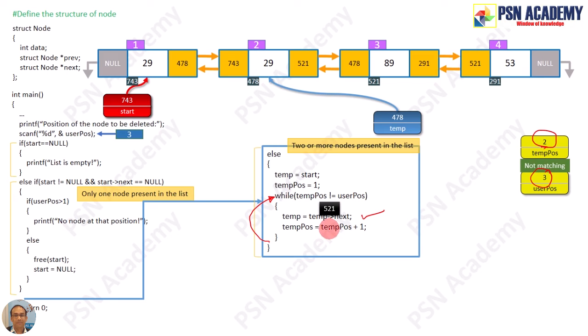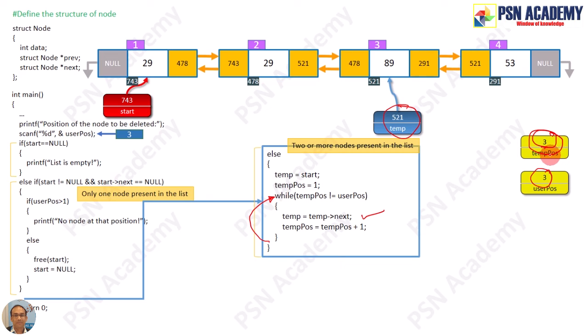It is 521. So this 521 will be loaded inside temp. Look over here, it will be replaced with 521 and the link will go like this. We have a second statement here, that is temp pos equal to temp pos plus 1. So this 2 will become 3 now.